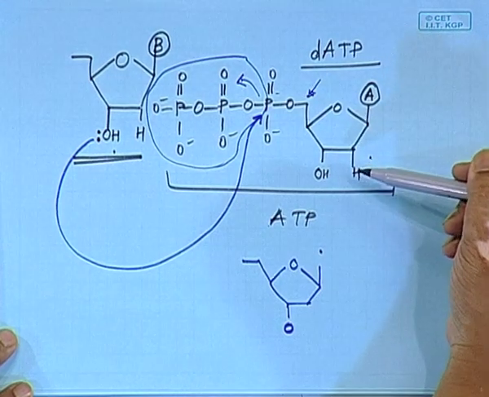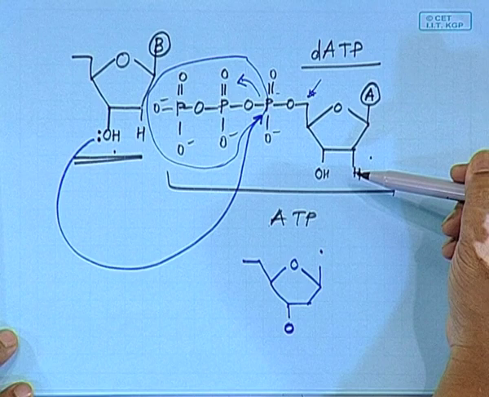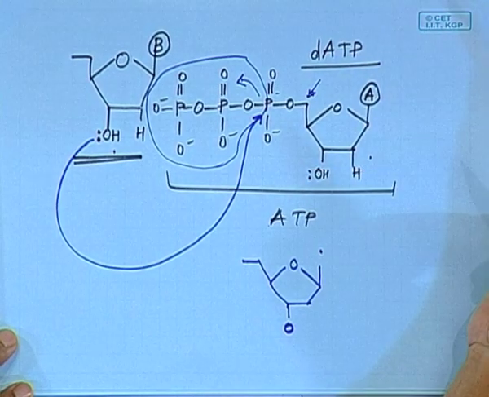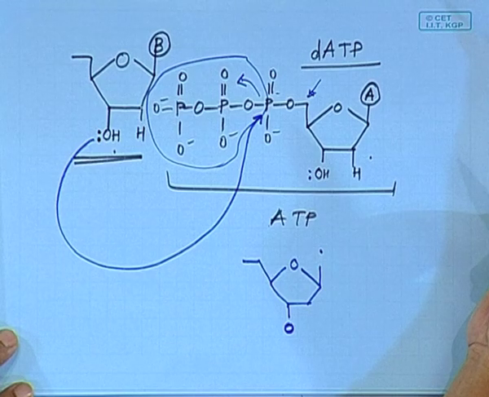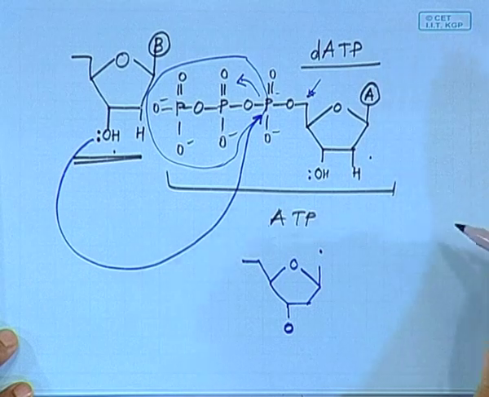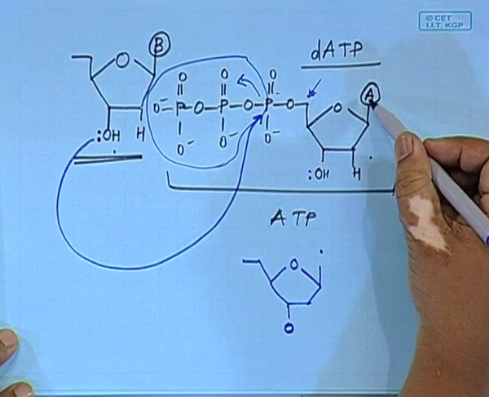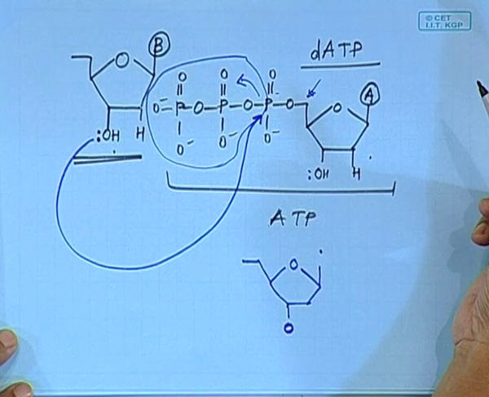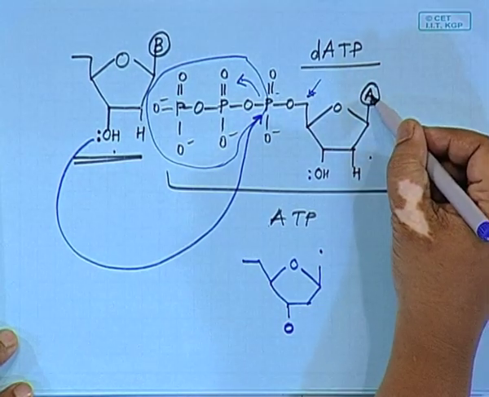Now, what can this now do? This has now its 3 prime position open. So, what can it do? It can now attack another one with another base here. You can have GTP. So, what am I going to have here then?